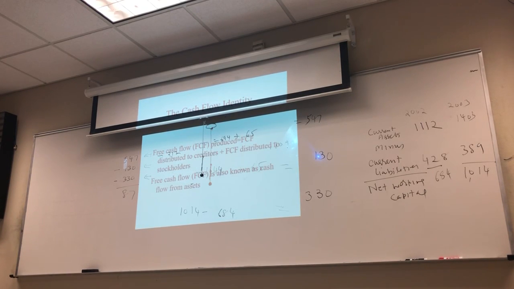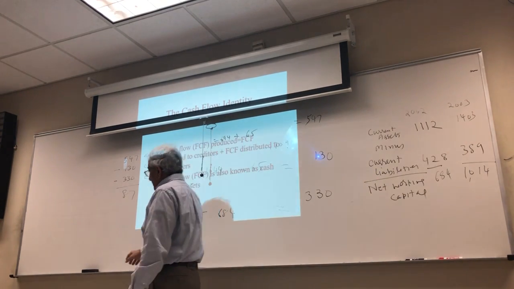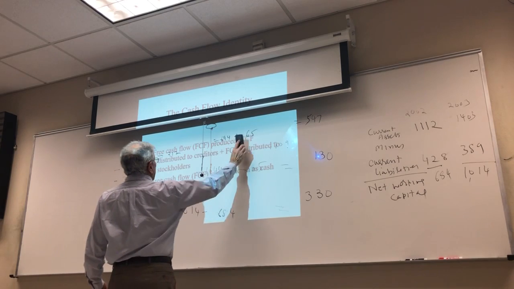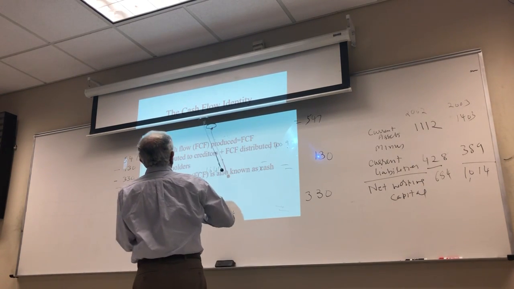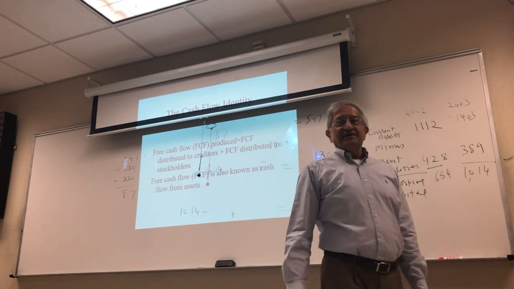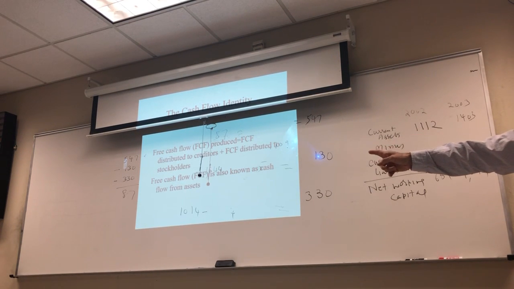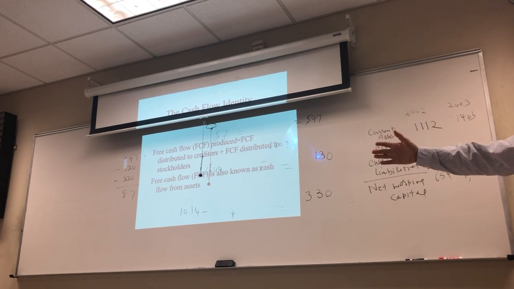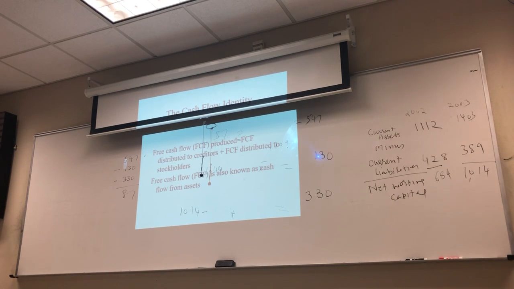So I can even go to the first slide. So now this is an identity. I know how much free cash flow the firm produced, $87. So make sure this is the starting point, and then on slide 2 and 3, I expand the left-hand side and the right-hand side.